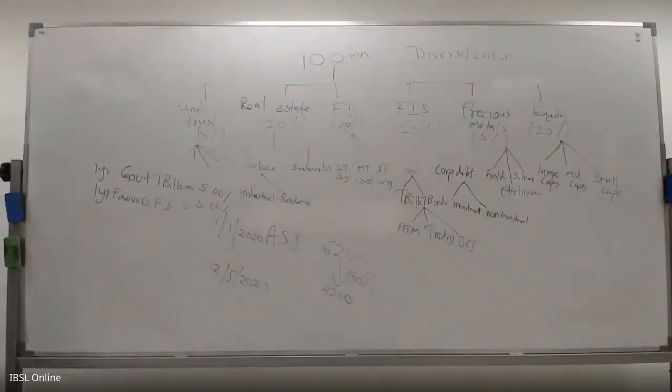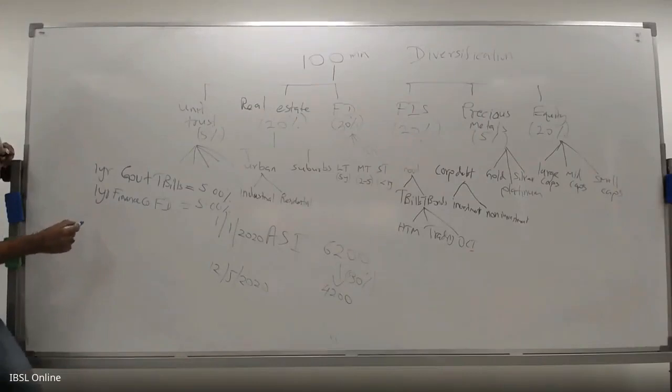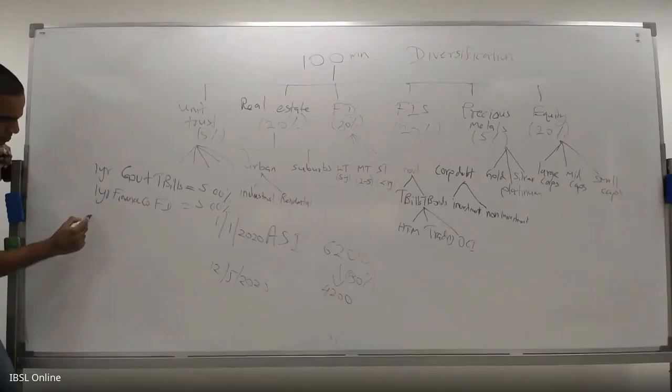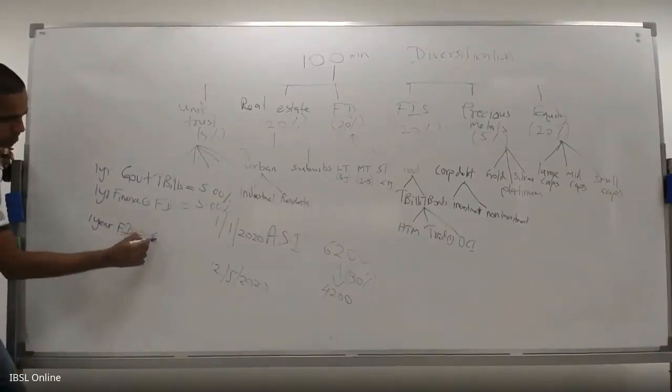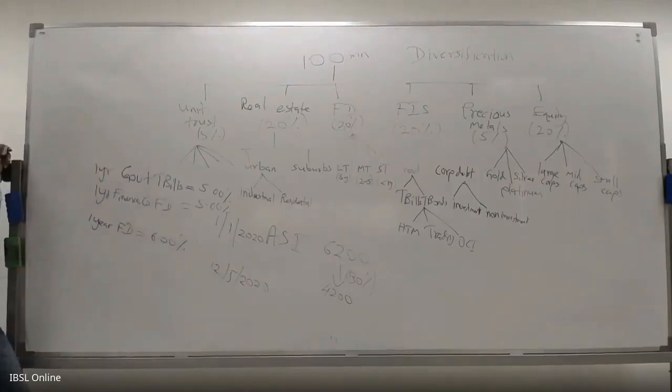Then, let's say a 1-year FD in a bank is 6%.